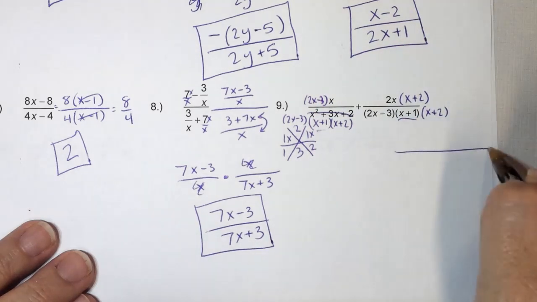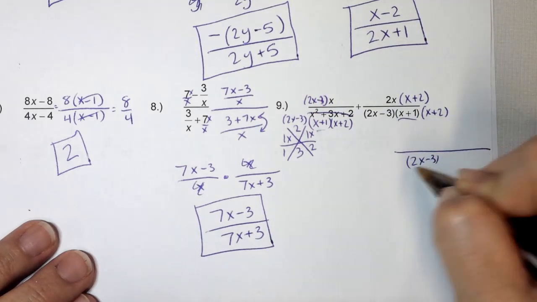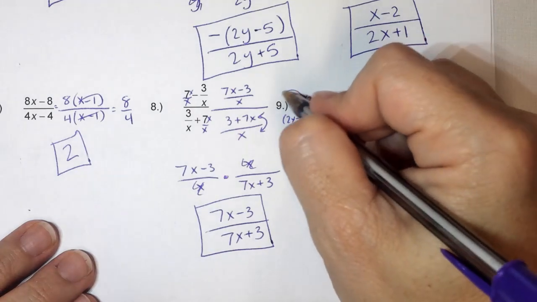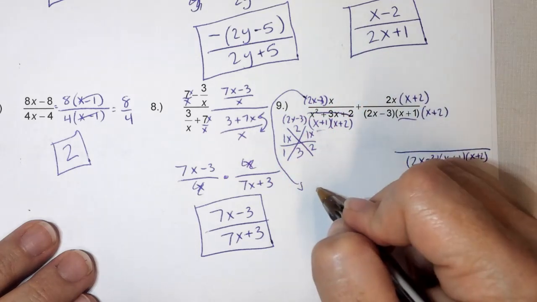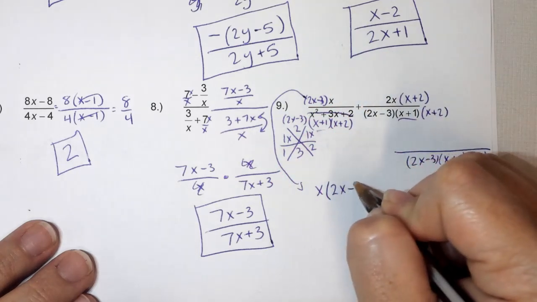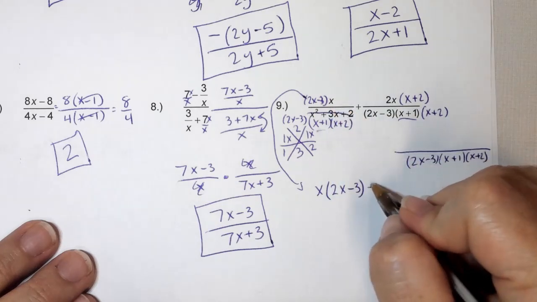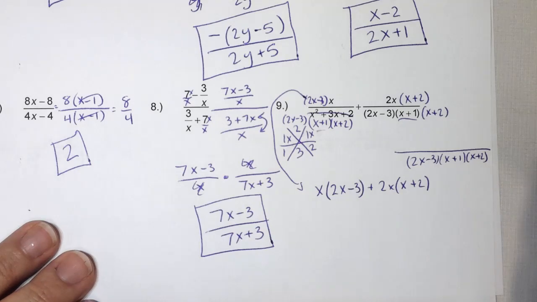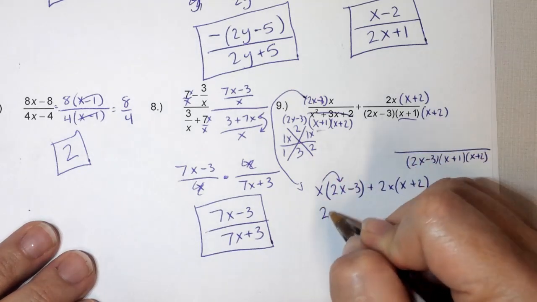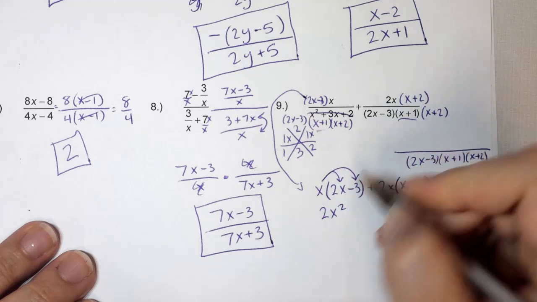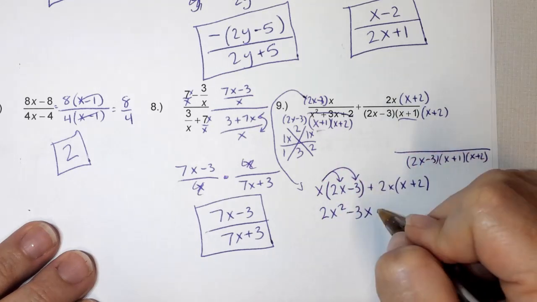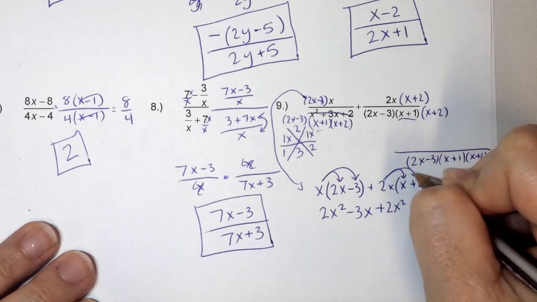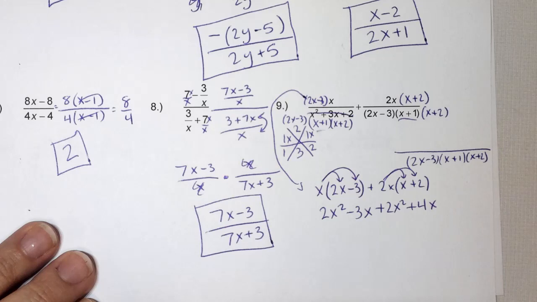Now, I know my LCD is 2x minus 3, x plus 1, x plus 2, and I'm going to bring my numerator down and simplify it. So I have x times 2x minus 3, I just flip-flopped it, plus 2x times x plus 2. So I have x times 2x, which is 2x squared, x times negative 3, which is negative 3x, 2x times x, which is positive 2x squared, 2x times 2, which is positive 4x.